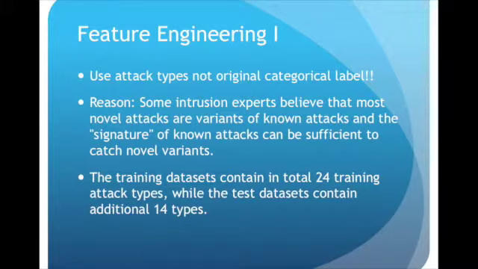And I do some feature engineering. For example, I use the attack types, not the original categorical label, because the training dataset contains a total of 24 attack types, while the test dataset contains an additional 14 types.